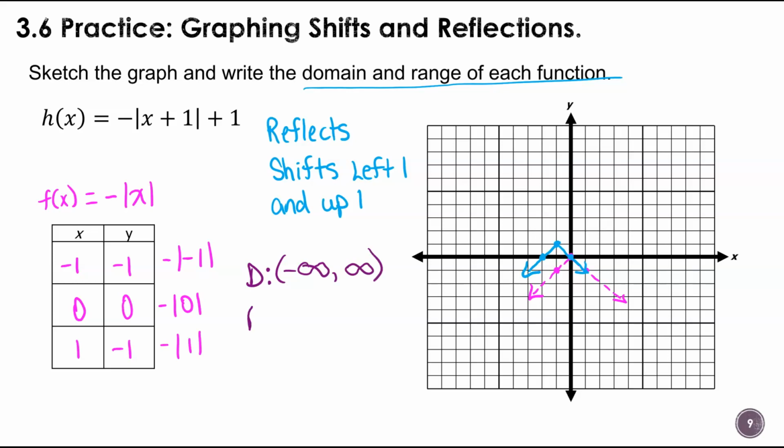And then on the range, if you look at this ordered pair, we're at -1, 1. It never goes above the 1. And you always write these from least to greatest, so that's why we have to start with the negative infinity. Negative infinity to 1, right? And the 1 is included in that. So it never rises above that. That's why we have to stop at the 1.